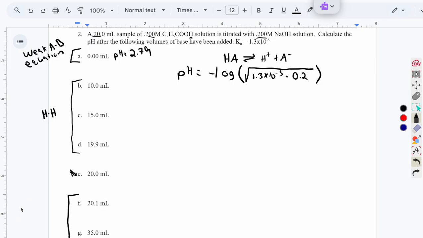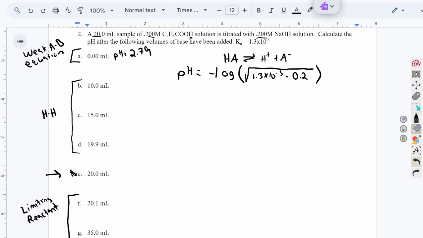Here we'll have limiting reactant problems similar to what we did. And I would hope you would try these on your own before this is the equivalence point, and I will show us exactly what to do here. It's a special one. So let's do this. Okay, so we've got our HA.